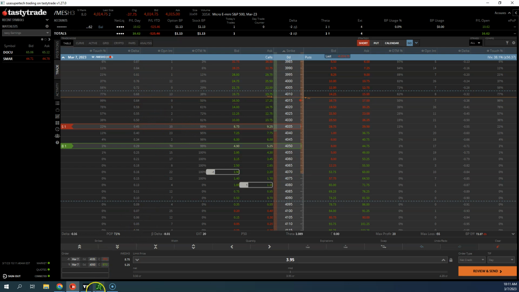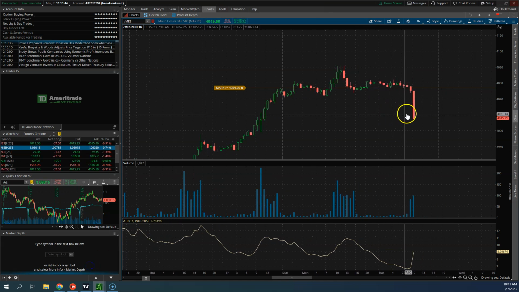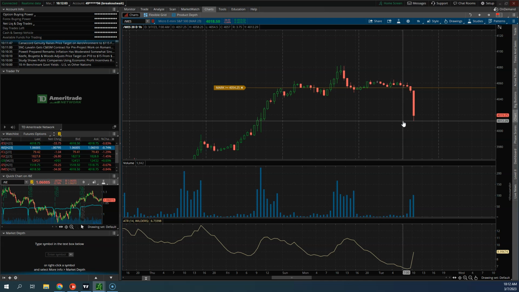What I'm going to do is continue to watch price action. If I see price action start to retrace from this downside move, then it's my opportune time to get out, because I've already achieved well over a third of my goal, which is of course maximum profit.